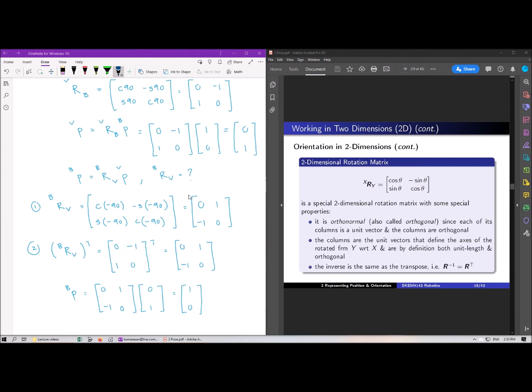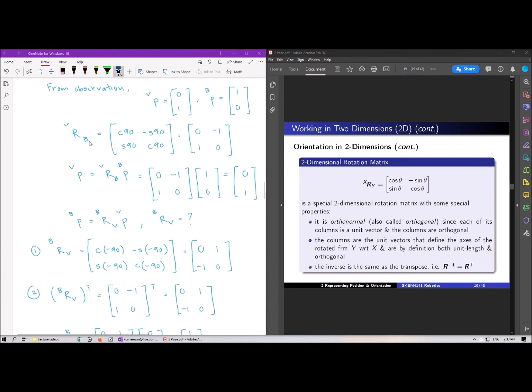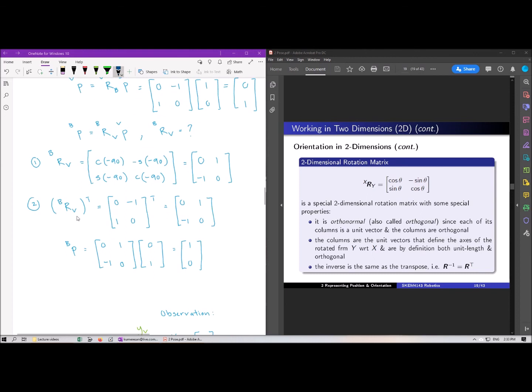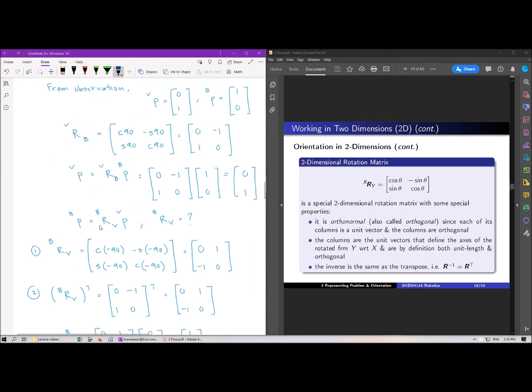So this is the matrix. So that is one way to find RVB. Because we have computed RBV, we can just transpose it to get RVB. There's a mistake here somewhere. Okay, this should be RBV. Let me correct this quickly.